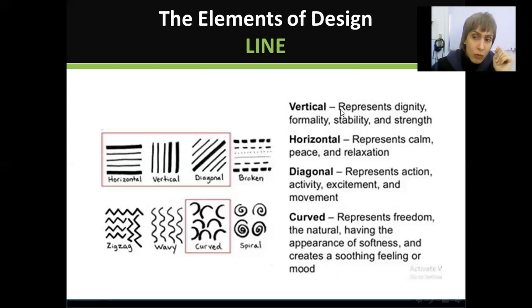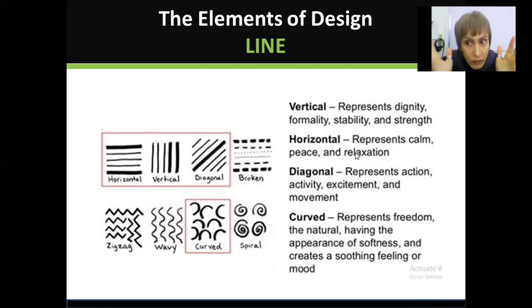But you as a designer must always question yourself: I look at this line, what does it make me feel? So in general, vertical lines give us this impression of more stability, of strength, of formality. Horizontal lines, on the other hand, can make us feel calm, peace, relaxation.